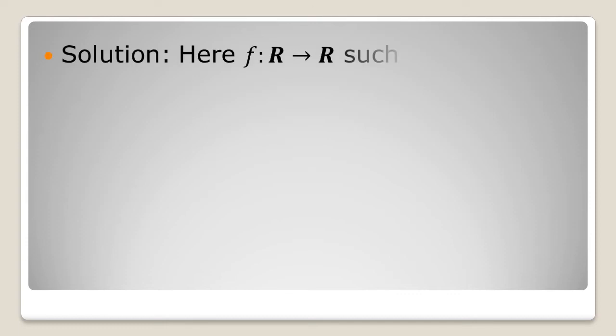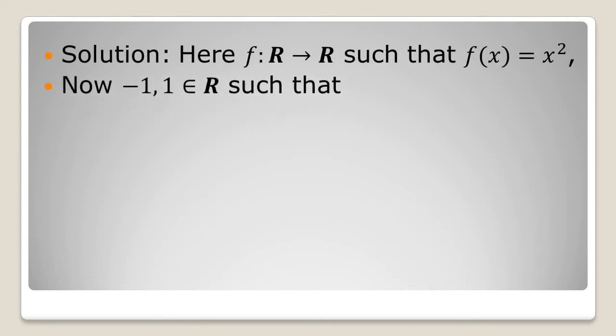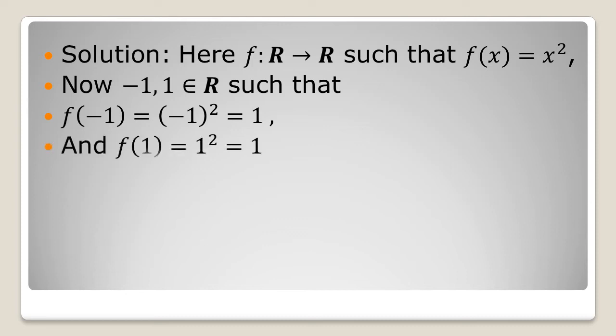For the first one, you consider the function like this, and you take two elements, minus 1 and plus 1, from the domain, that means the set of real numbers. What is the image of minus 1? The image of minus 1 is equal to 1, and also the image of 1 is 1.